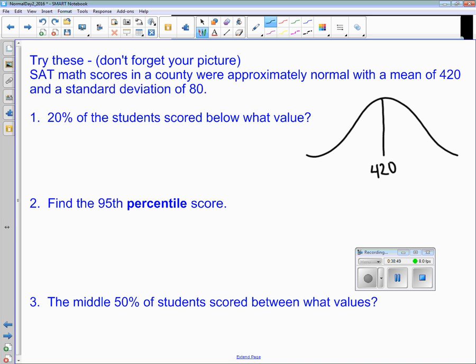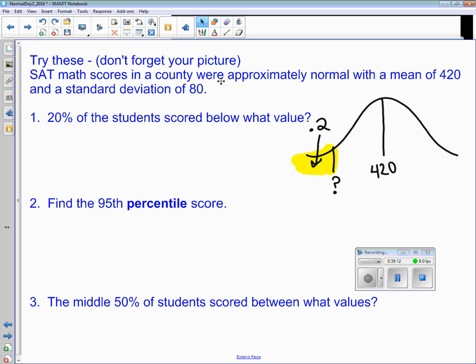Greater than 420 or less than 420? Less, right? So some number, I don't know what it is, we want to be less than this. Would you agree with that? And we really know that this percent here is going to be 0.2 because it's the 20th percentile.